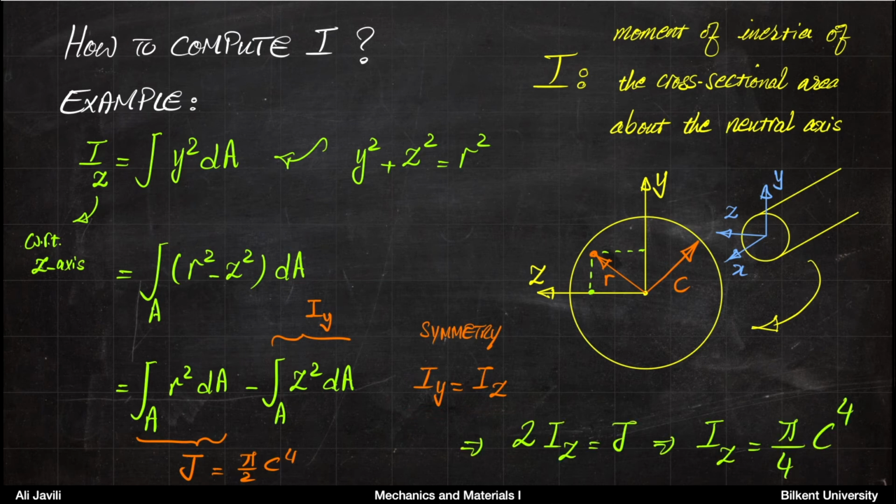From that you can see that 2 times Iz is equal to J, and then that means Iz is equal to pi over 4 times c to the power 4. So this is how you calculate the moment of inertia for a circular cross-section.